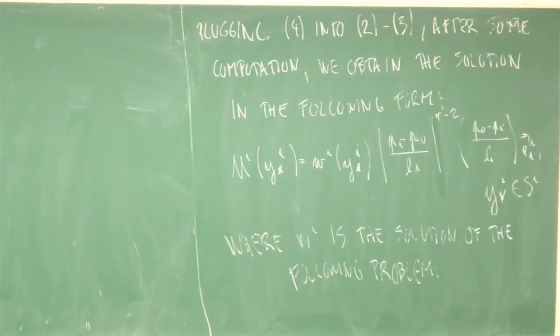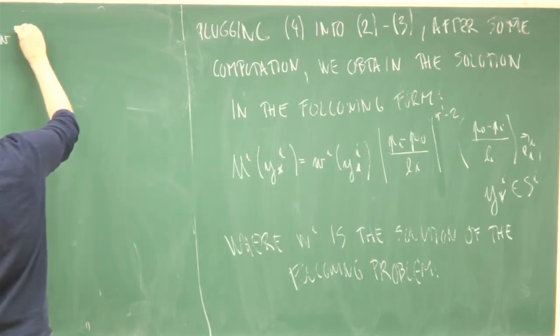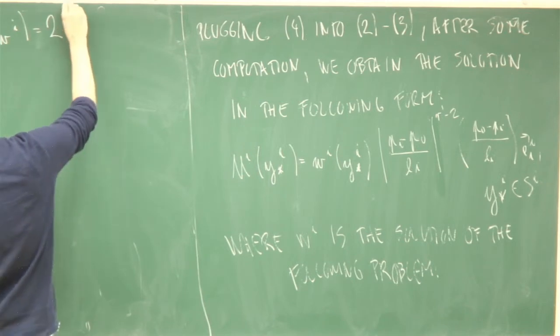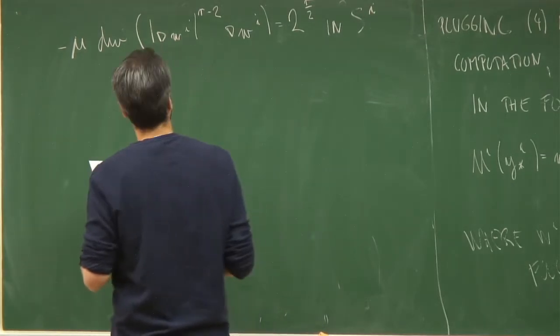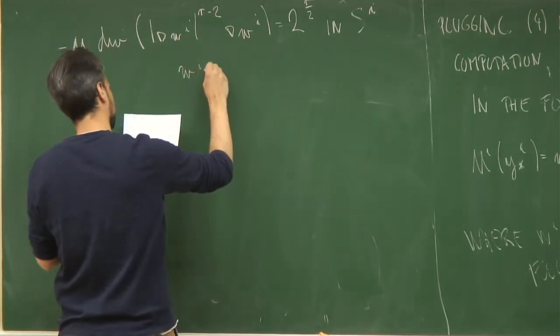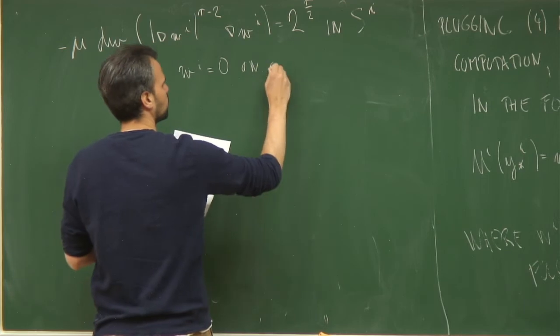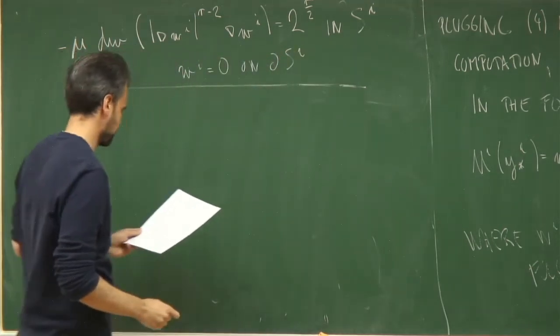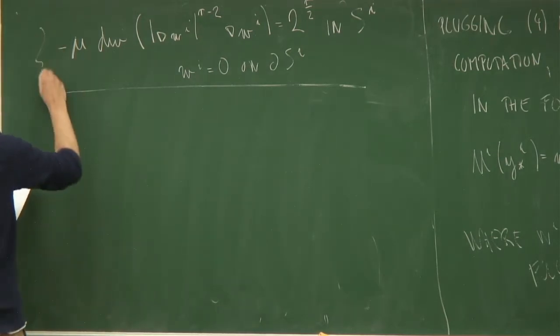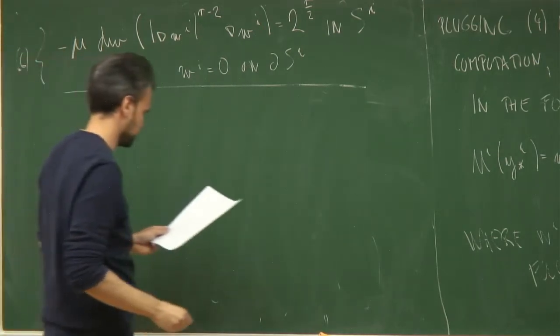So minus divergence of gradient Vi to the R minus 2 gradient Vi is 2 to the R over 2 in SI. And this Vi is 0 on the boundary of SI. So we know this by 6 and this by 5.